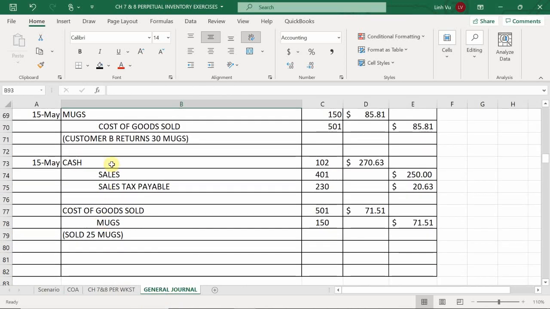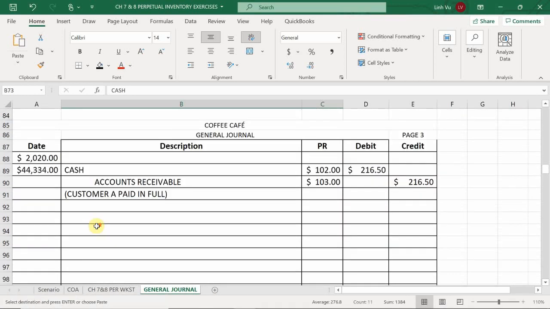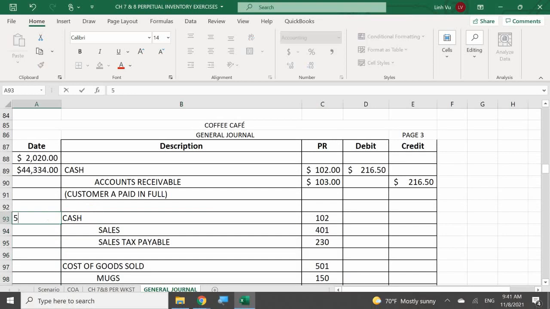Cash debit, credit, sales and sales tax. Good. COGS and mugs, okay? So there you go. It's the same day. It's still the 18th of May.